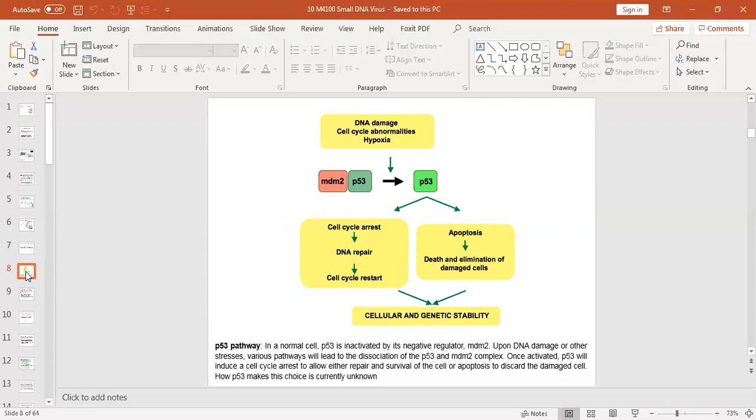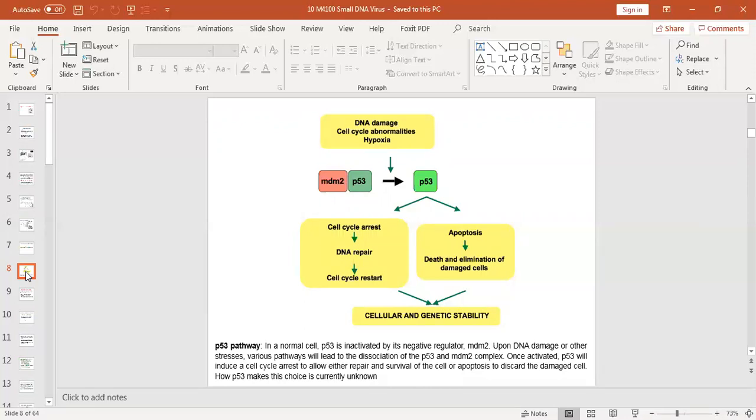In normal cells, under normal circumstances, P53 is inactive by its physical association with a negative regulator called MDM2, which stands for mouse double minute number 2. So physical association of these two proteins, P53 and MDM, results in inactivation of P53.